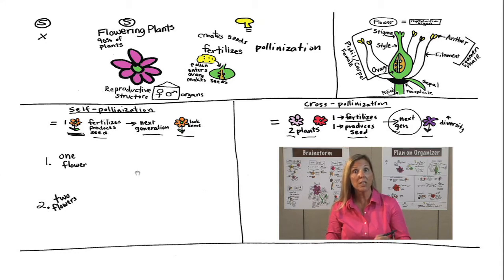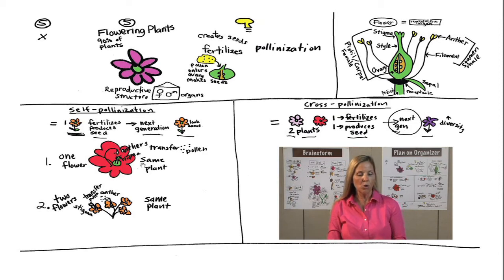I'm going into a sequence again, and I'm going to add descriptive words so that I can create a picture for my reader. And I'm going to do the same thing. What am I going to do in my information here? I've listed it out. Well, I'm going to tell how 2 flowers self-pollinate. And when you tell how, what do you have to do? You have to sequence that information.